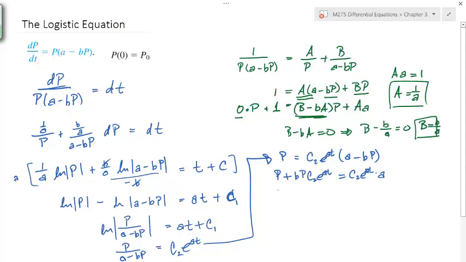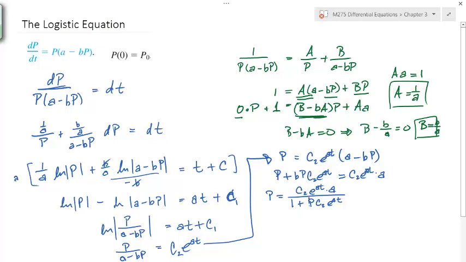And so if we get p by itself, let's factor out a p, and then we'll just divide both sides. So this is c2 e to the at times a all over 1, that's the 1 taken out of here, plus b, and the p was taken out, c2 e to the at.